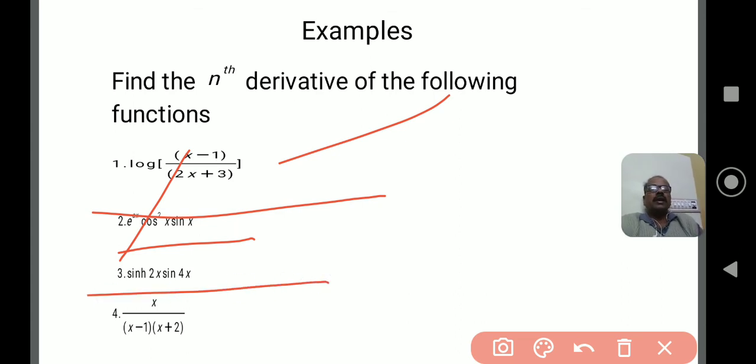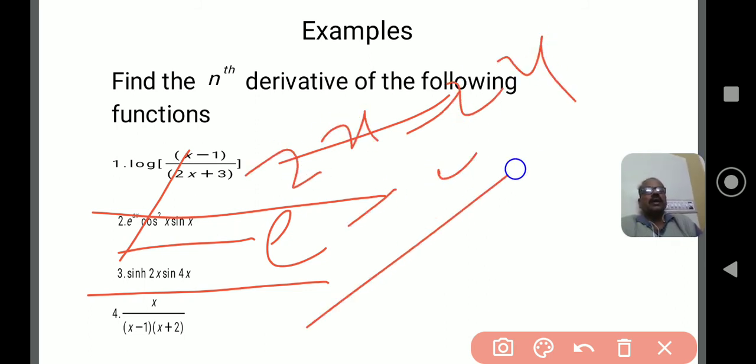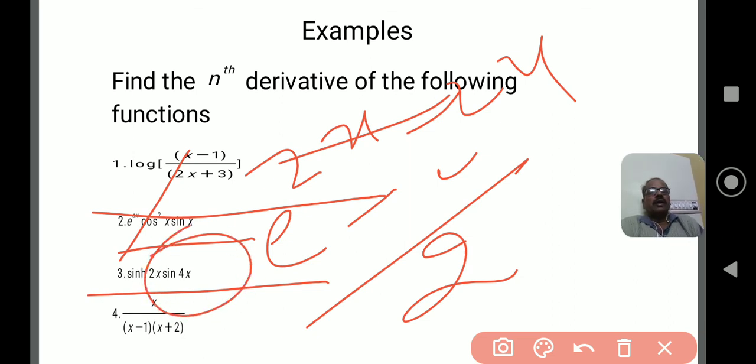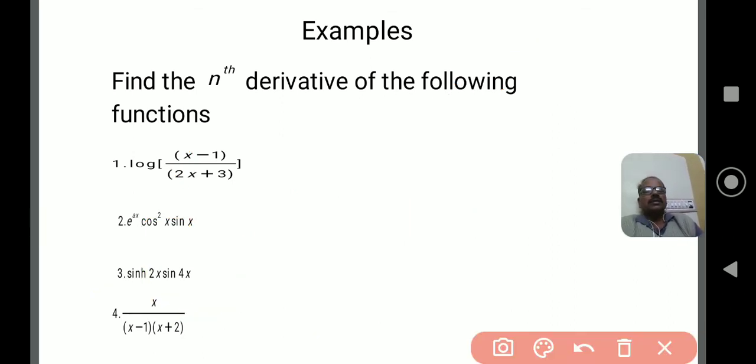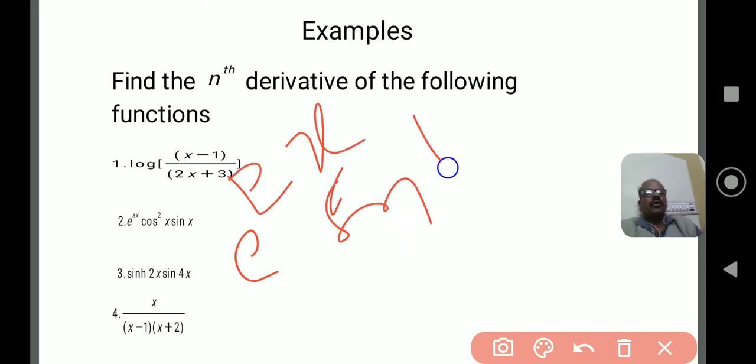Hyperbolic sin 2x can be written as e power 2x minus e power minus 2x divided by 2, then multiply this by sin 4x. It becomes a result of the type e power 2x into sin 4x, and this is the formula for the nth derivative of e power ax into sin of bx plus c. We can apply it for this.